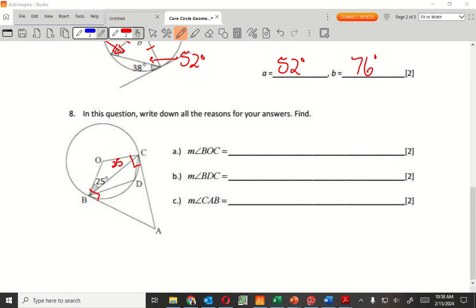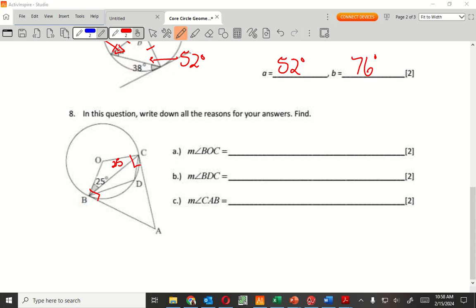2. Arc minus arc. What's the sign? Where's the one that says arc minus arc?